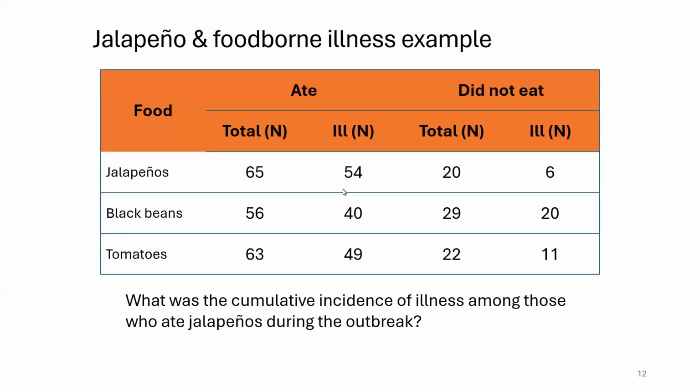We had this example before where we looked at attack rates. So remember, attack rates are a form of cumulative incidence specific to an outbreak. So in this example, I want you to take a minute to pause the video to try and calculate cumulative incidence among those who ate jalapenos.